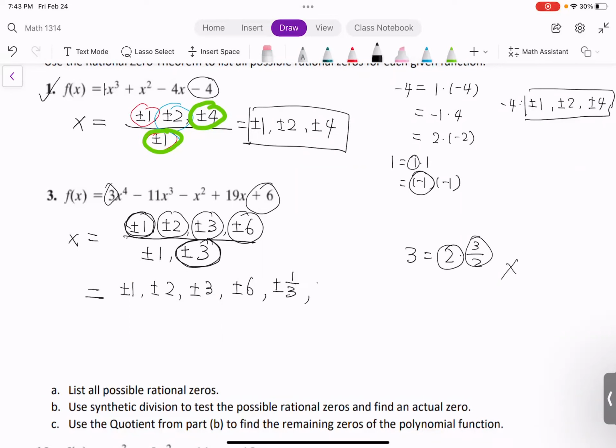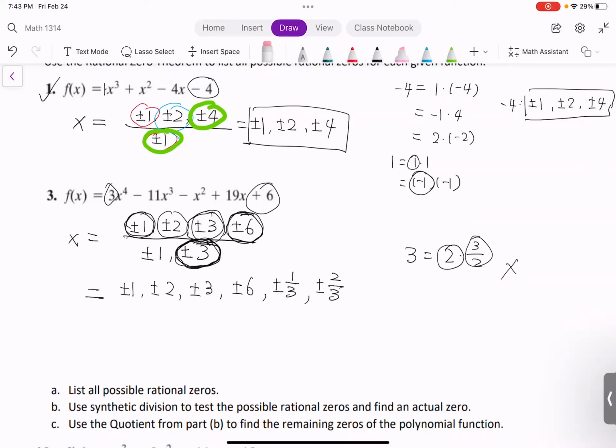And then we have positive or negative 2/3. Then positive or negative 3 divided by positive or negative 3 is positive or negative 1, but it appears here, which means I don't need to list it again. Then positive or negative 6 divided by positive or negative 3 is positive or negative 2, but it appears here. We don't need to list it twice.